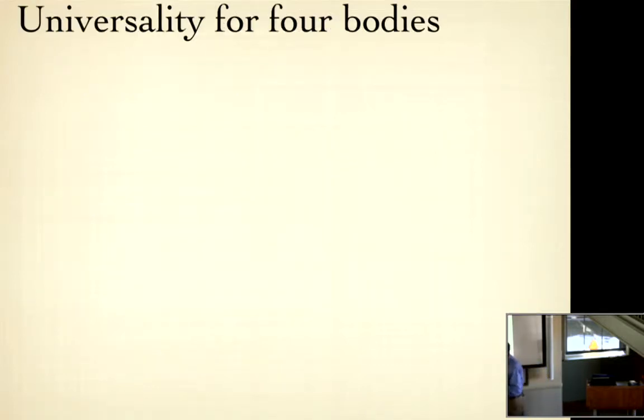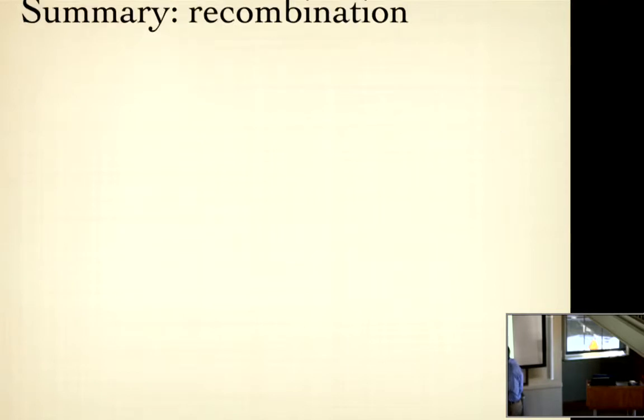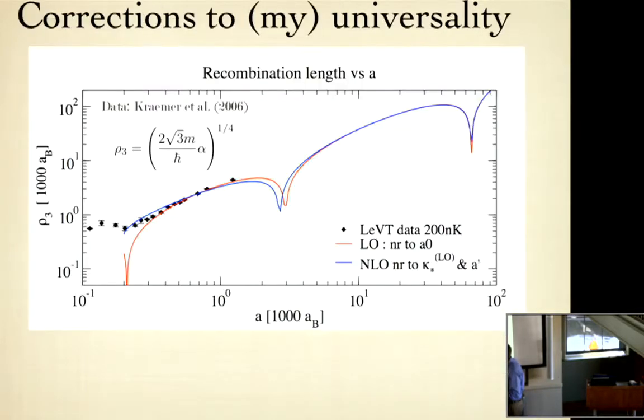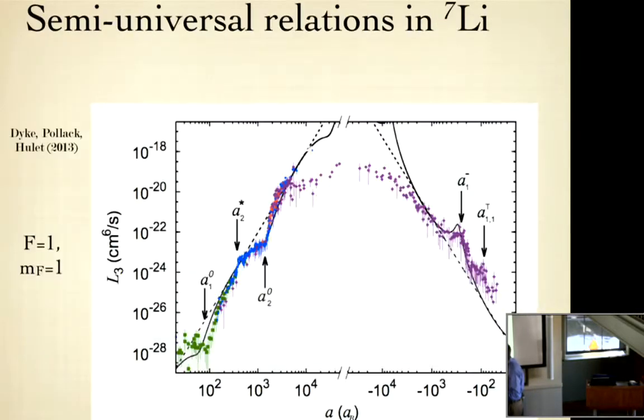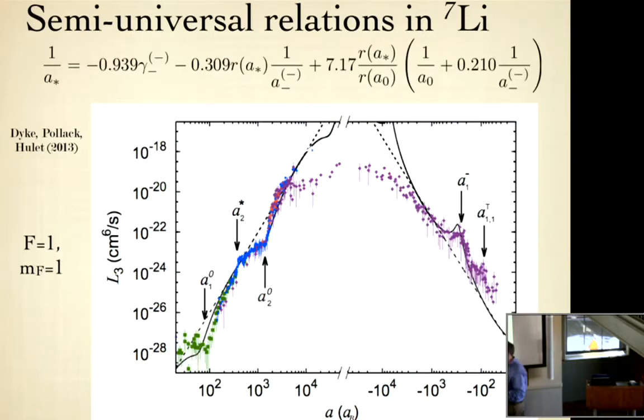What I can say is that at next to leading order, oh, sorry, wrong way. So we have this relation for the corrections, right? And if you just take fixed effective range, it doesn't work, right? In this context, it's actually very important that the effective range varies across the resonance if you want to understand the pattern of range corrections to universality, right?